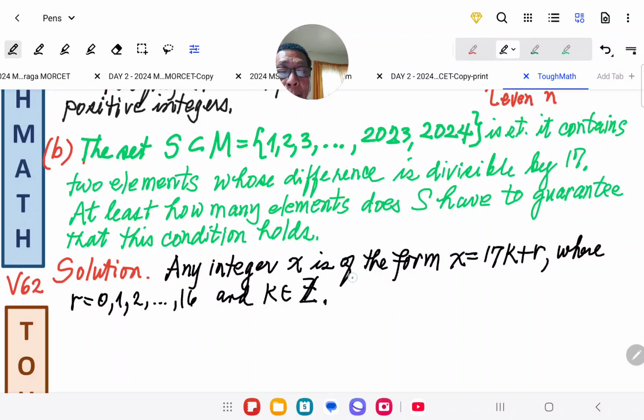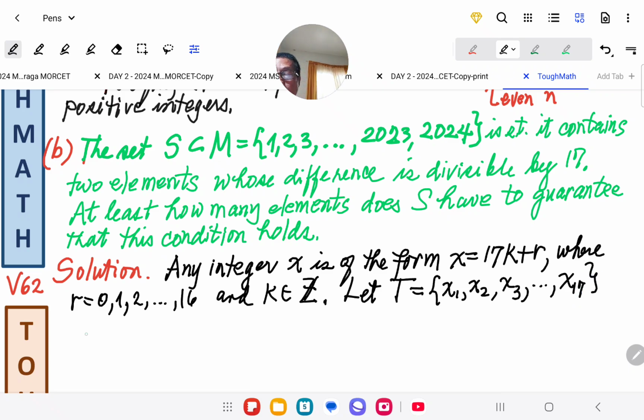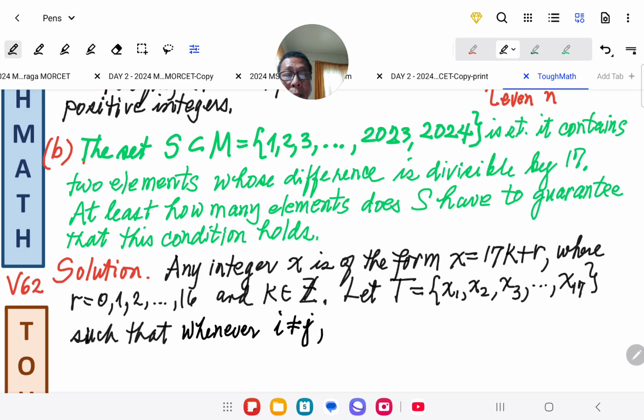So let T be the set containing x sub 1, x sub 2, x sub 3, and so on up to x sub 17, such that whenever i is not equal to j, then 17 does not divide x_i minus x_j.